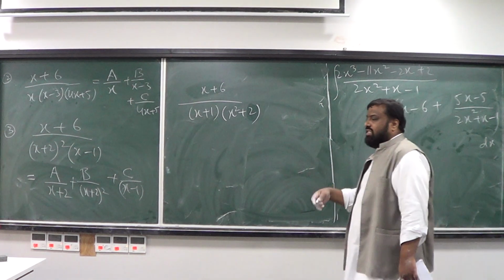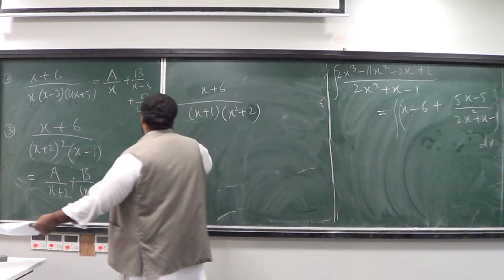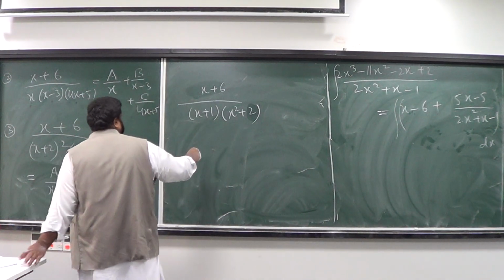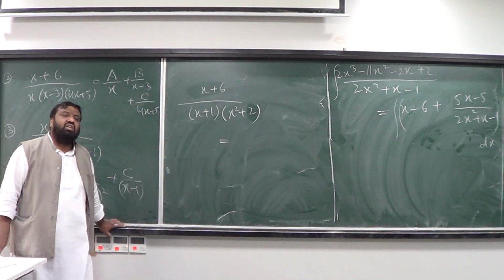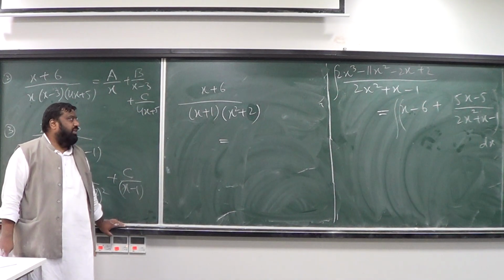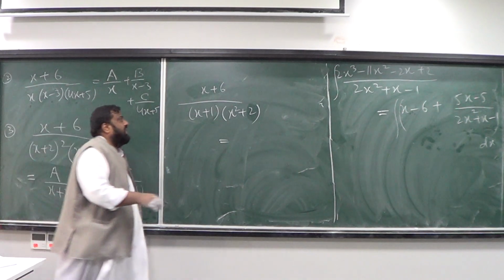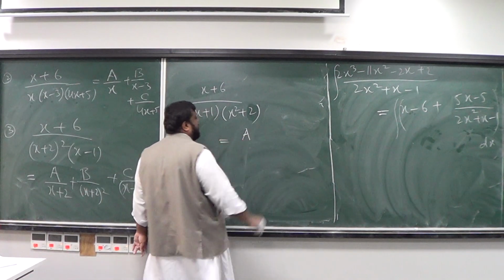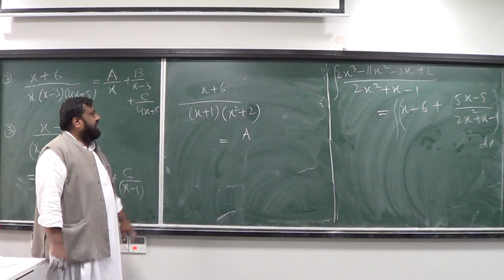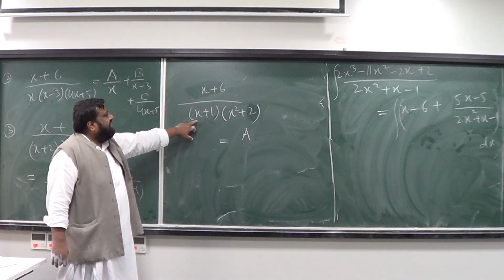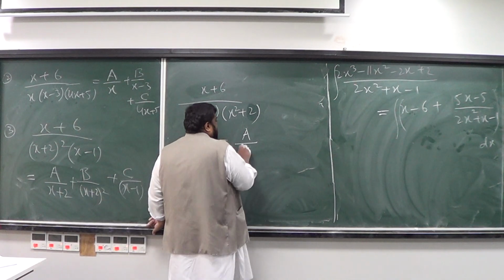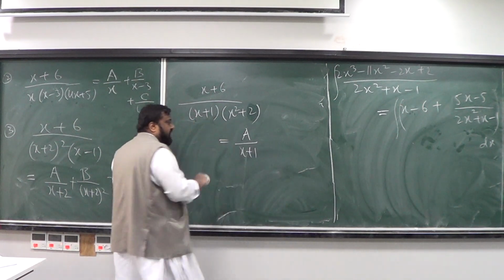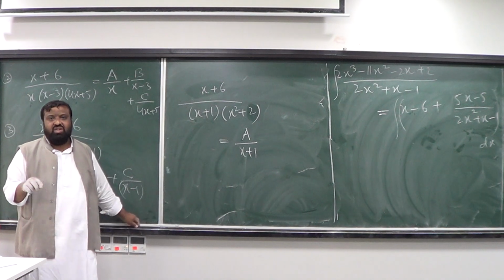So for example, let's just stick with quadratic. One factor is linear, another is quadratic. So when you are trying to write this kind of partial fraction, first in the numerator of the linear factor you have to put a, a constant a.